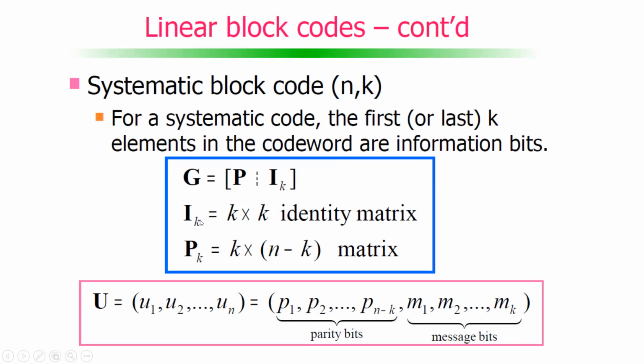The identity matrix will have k cross k dimension, and the parity matrix will have k cross n minus k dimension. These are the parity bits, and this will be the message. This is the formation of the code word for every code word using this type of generating matrix. If this is the generating matrix, then this type of code will be called a systematic block code.